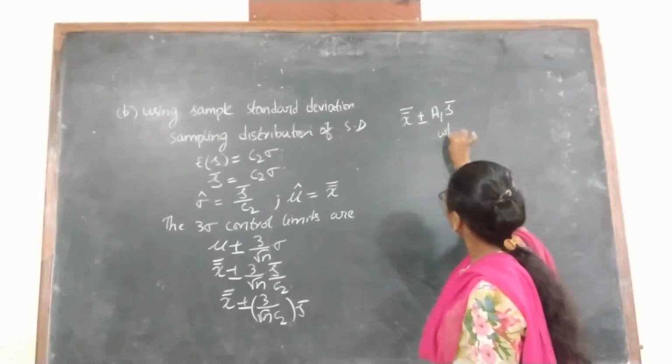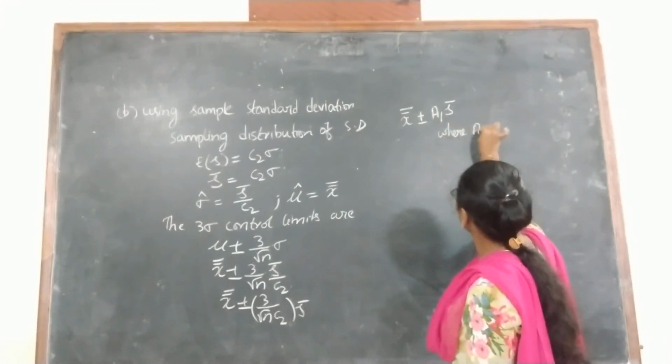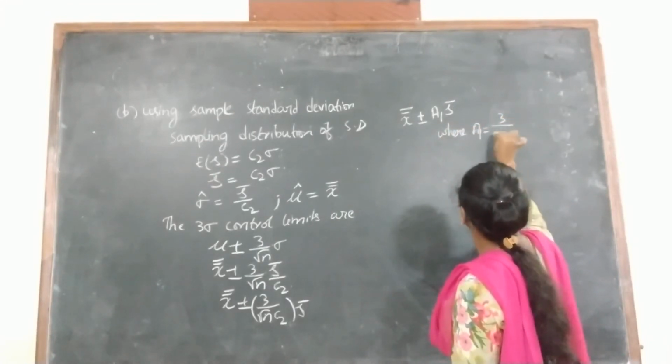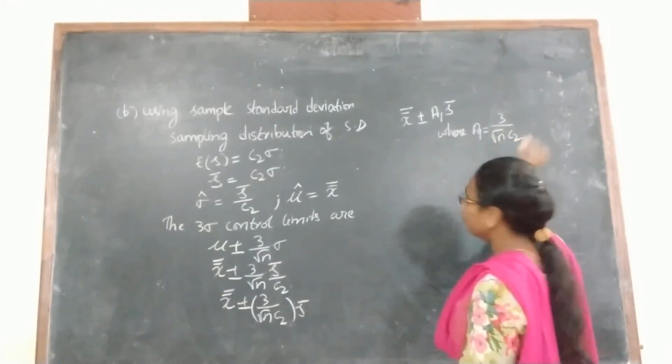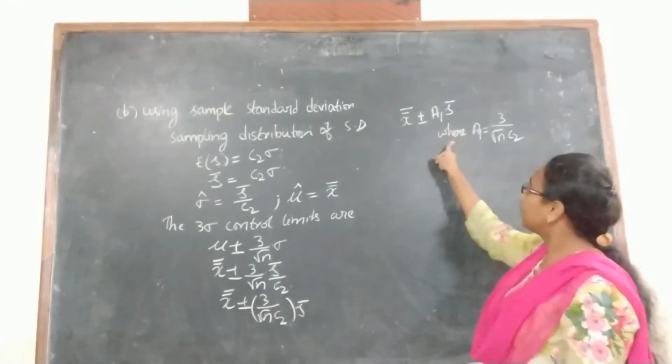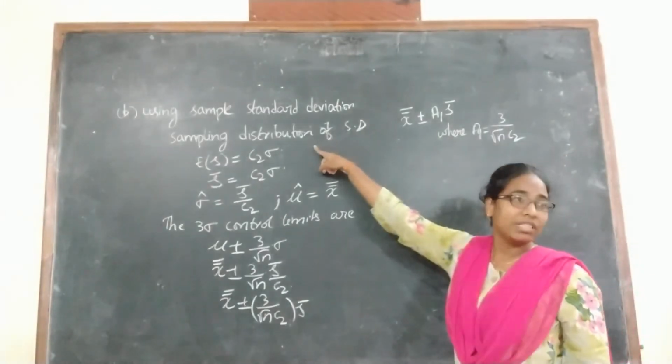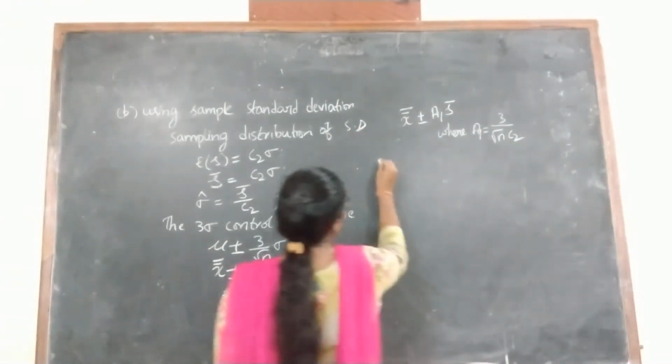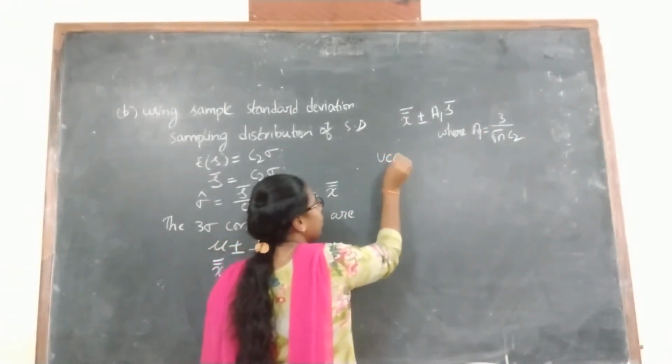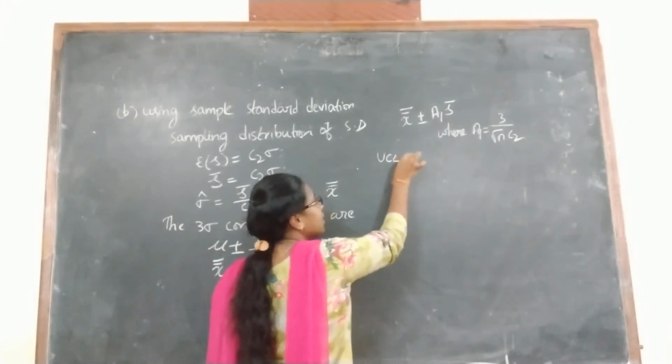So what is the A1 value? A1 equals 3 by root n into C2. So these are the control limits by using the sample standard deviation. Now what will be the UCL value? We are constructing the chart for X bar.